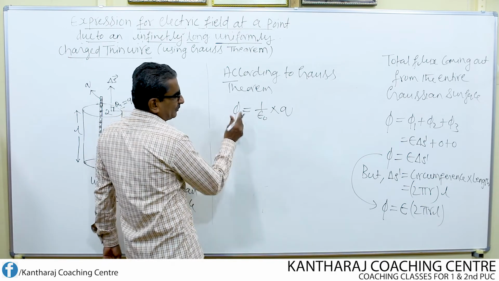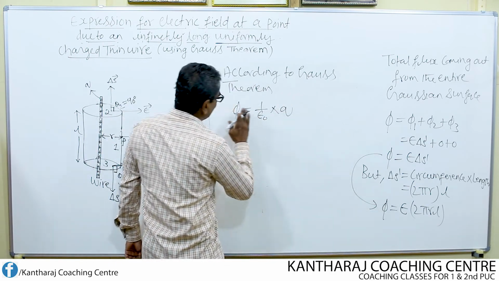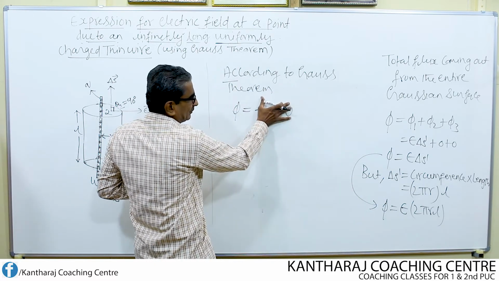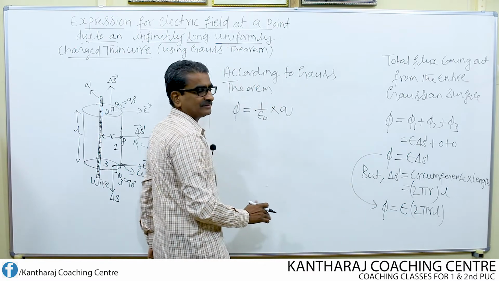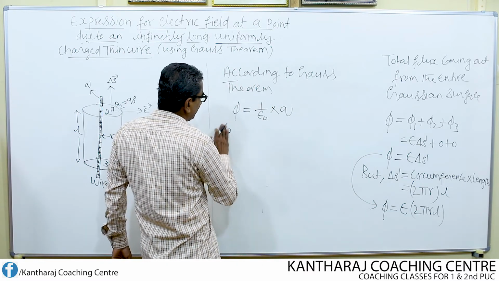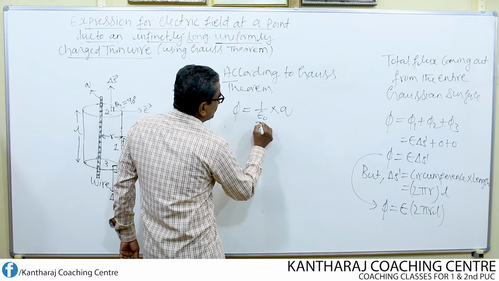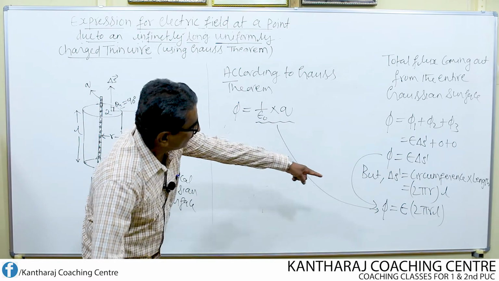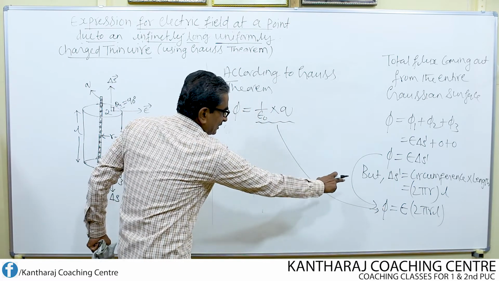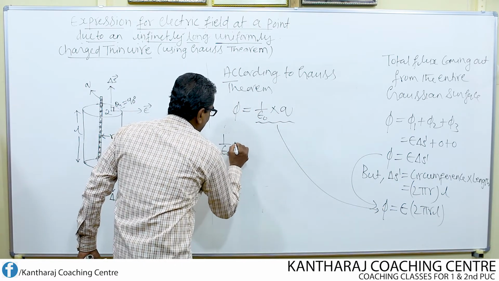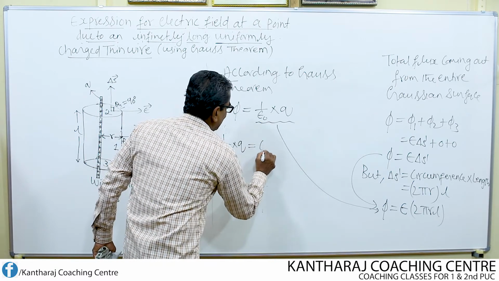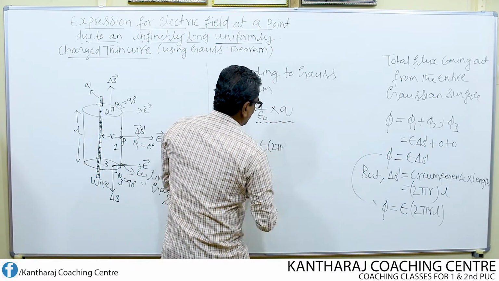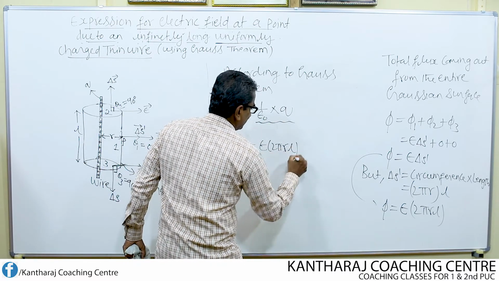Now compare this equation with this. Phi is there on the left hand side of both, therefore the right hand sides must be equal. Or else I can substitute this value in place of phi. Then that equation becomes 1 over epsilon naught times q equal to E into 2 pi r into L.